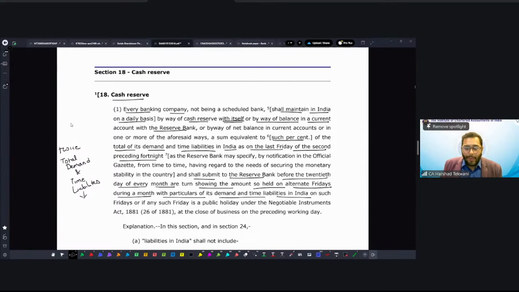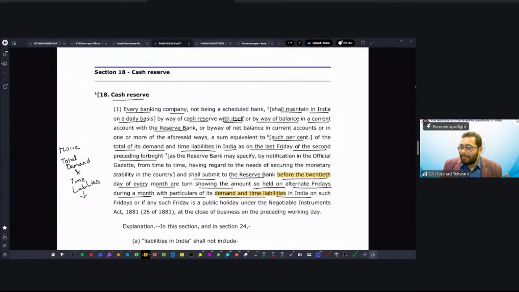And before the 20th of every month, you are required to report about these demand and time liabilities. That is written in this particular Act. That's Section 18 that we are talking about.